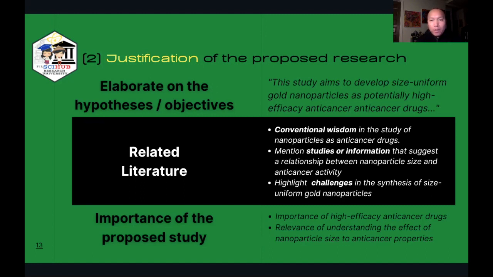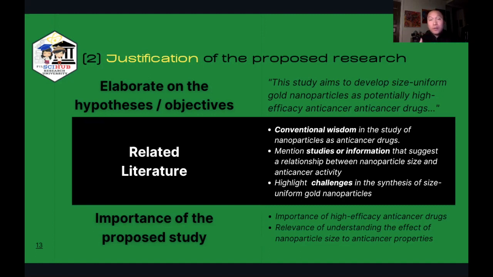And then you have to highlight the challenges around the synthesis of size uniform nanoparticles. By highlighting the challenges, it's going to become clearer to the reviewers, or to the funding agency, that what is being proposed is addressing a very important challenge when it comes to the synthesis of size uniform nanoparticles. And if they can develop size uniform particles, then we might be able to come up with an anti-cancer drug.